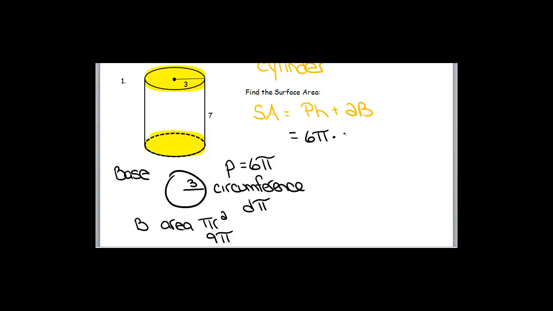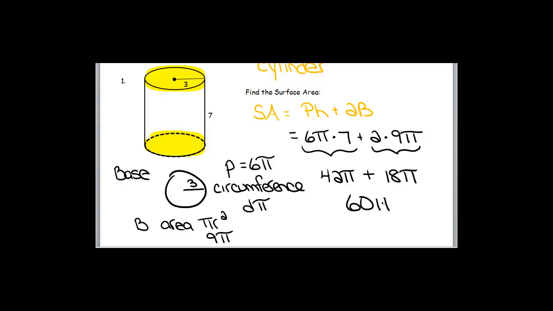The true height of our cylinder is 7, plus 2 times our bases, which were 9 pi. What I'm going to recommend is let's multiply that together, get 42 pi. Multiply that together, get 18 pi. And now we can add those like terms together for a grand total of 60 pi.